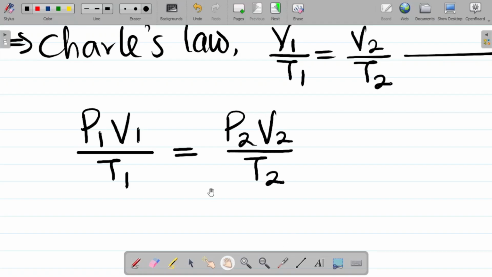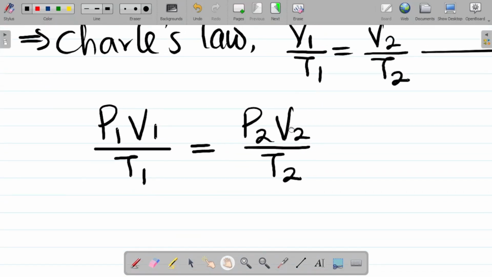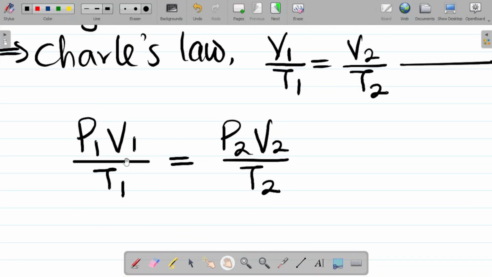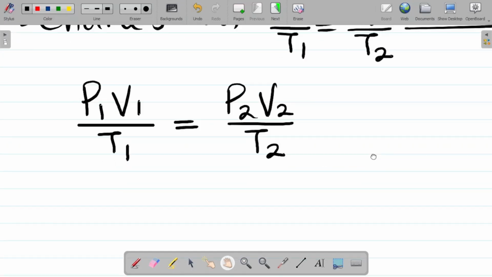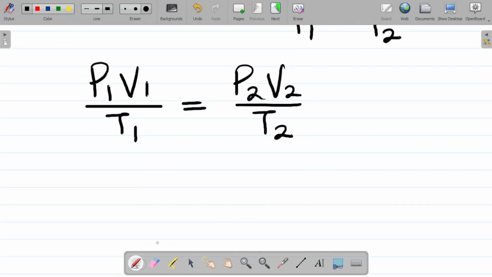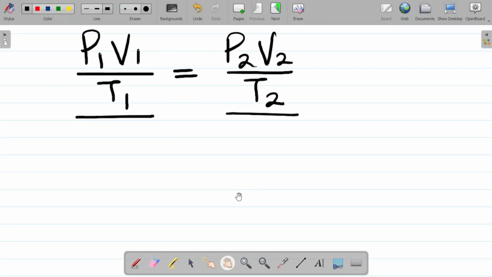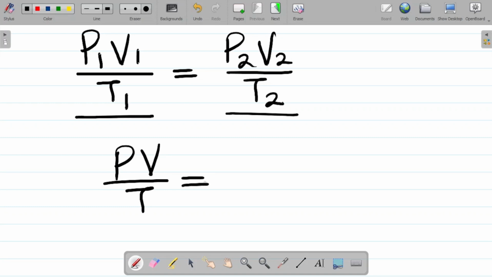So combining Boyle's law and Charles' law, we have P1 V1 over T1 is equal to P2 V2 over T2. If I have the same kind of equation on both sides, I can simply take out the parameters, P V over T, and equate it to a particular constant.